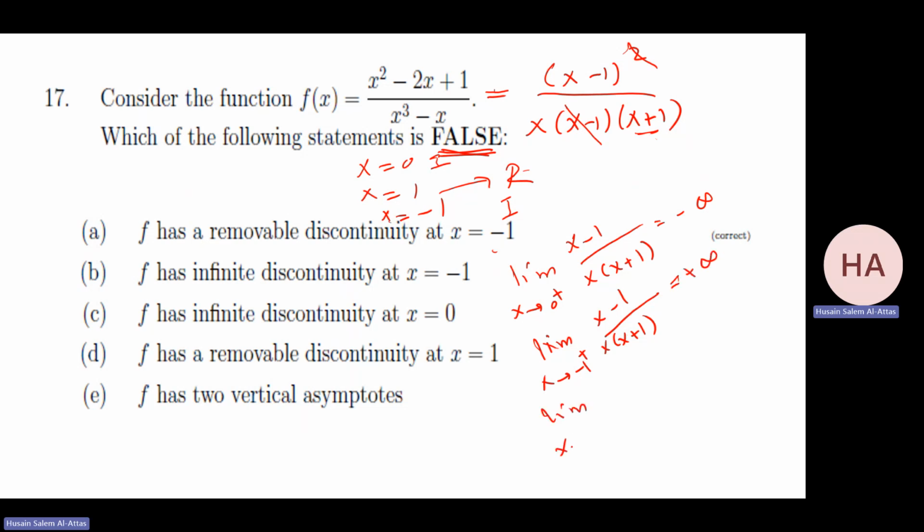And the limit as x goes to 1 for this function will be 0 over non-zero, so it will be 0. So removable at x equals 1. For minus 1, we have infinite. And I want the wrong one. So this is wrong: infinite at x equals minus 1. Yes, this is correct: infinite at x equals 0. Yes, it's correct: removable at x equals 1. Yes, two vertical asymptotes, since it goes to infinity. So this is the wrong one.